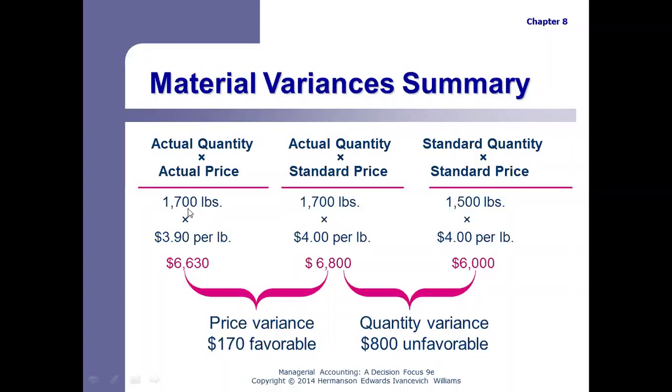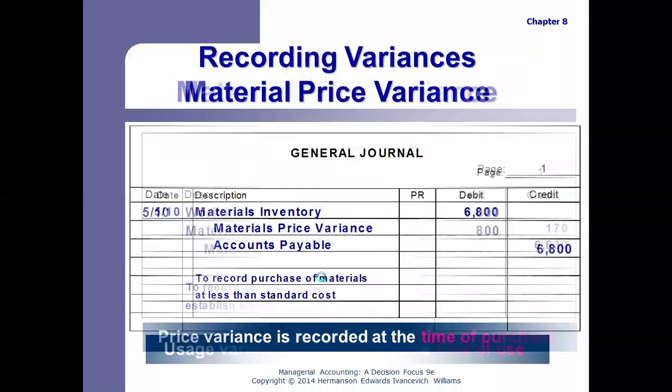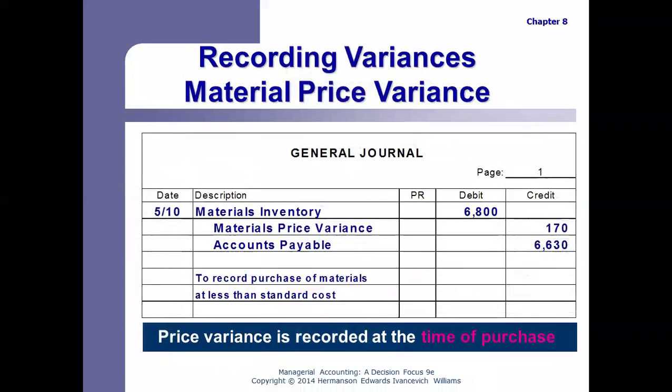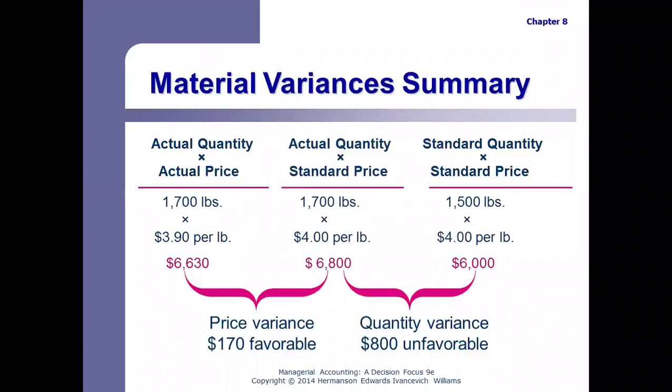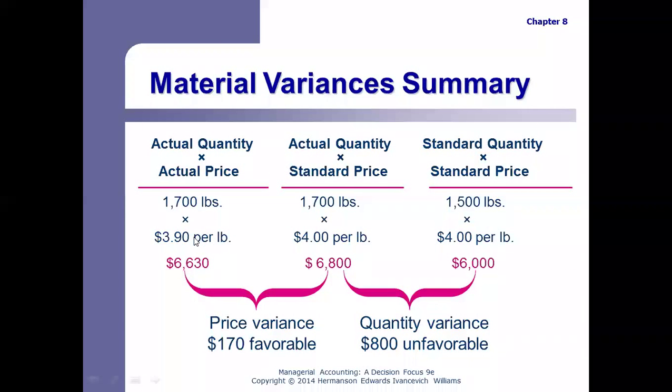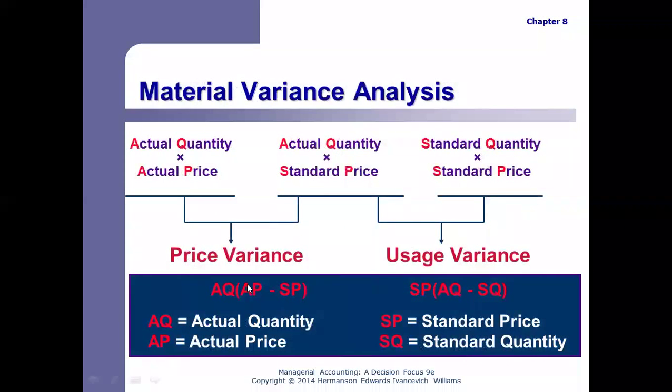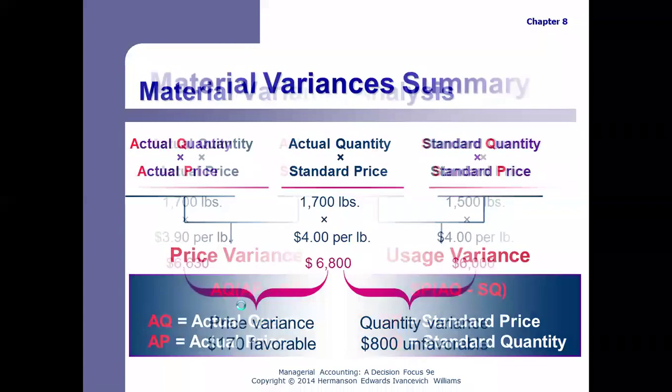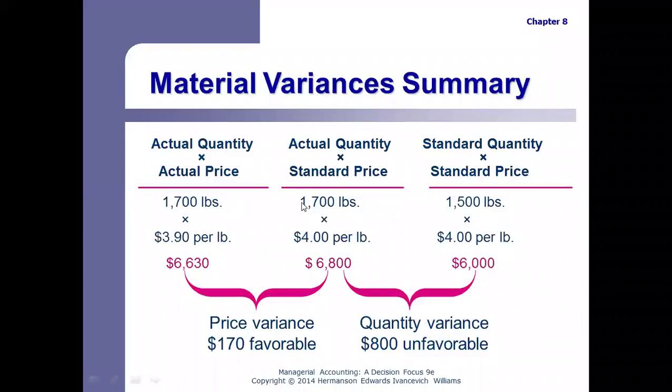So that's using the table to figure out materials variance. Let me go back. If you were to use the formula that you see here, the first thing you do is take the actual price minus the standard price. Actual price $3.90, standard price $4, so that's a negative 10 cents, or negative 0.1 in the parentheses. Multiply that times the actual quantity, 1,700.